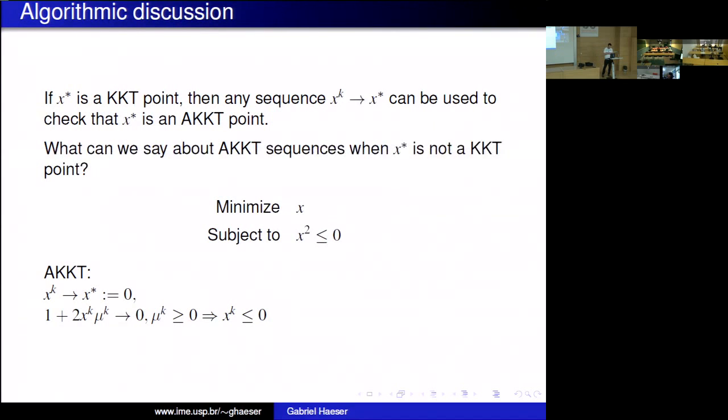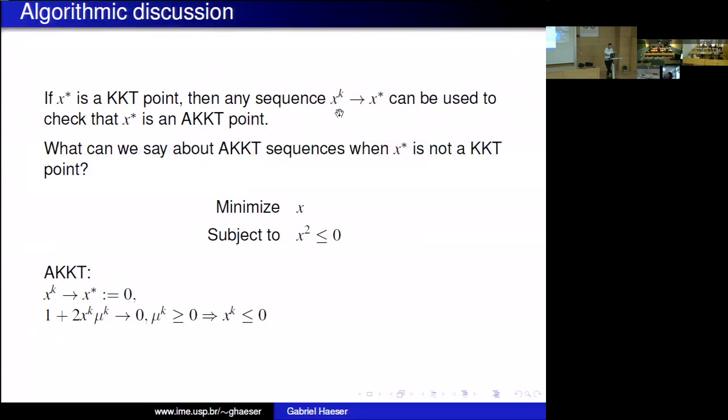I want to comment on the first thing: if X star is a KKT point, in fact you can use any sequence to check that this limit is an approximate KKT point. So if I choose any sequence xk convergent to X star, it can be generated by anything, a genetic algorithm or any other thing.